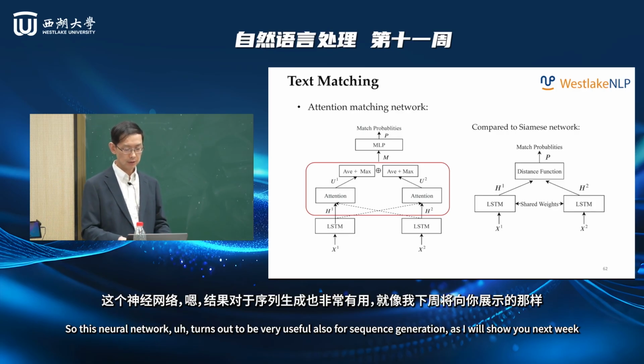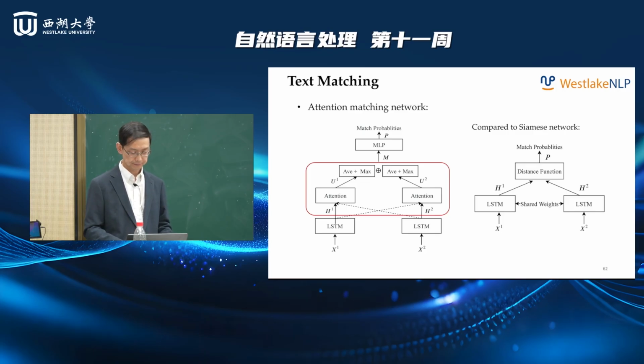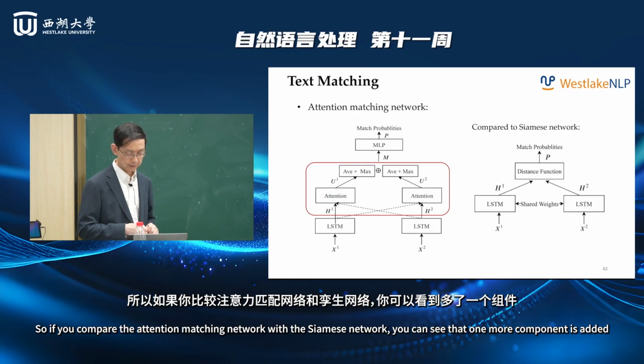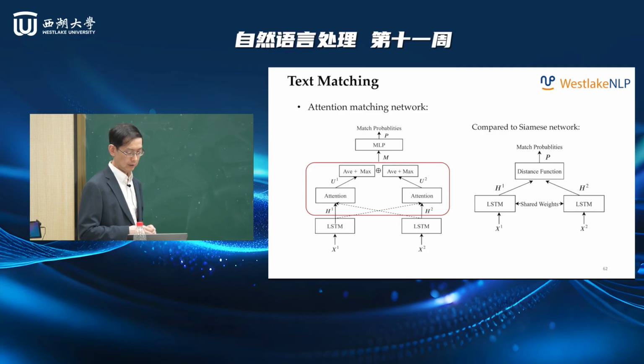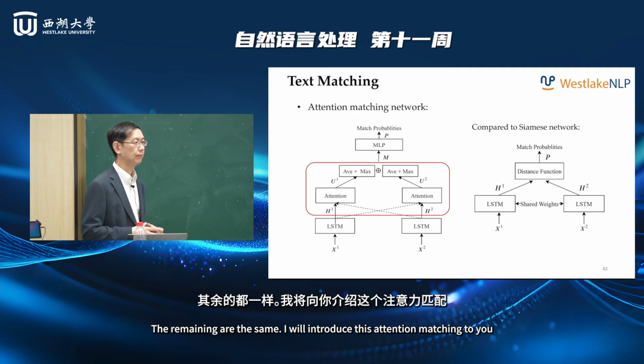So this neural network turns out to be very useful also for sequence generation, as I will show you next week. So if you compare the attention matching network with the Siamese network, you can see that one more component is added. Okay? So it's the attentional neural layers. The remaining are the same. I will introduce this attention matching to you.